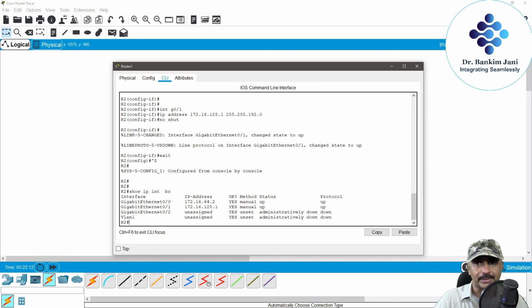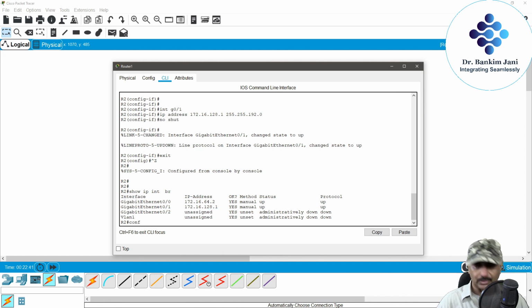Now just to check whether we can give IP addresses from the same subnet on different ports, let's say we have got one port over here, gig ether 0/2. Right now it is unassigned. We try to give it 172.16.128.2, which will be in the same subnet. Let's see if it is taking or not.